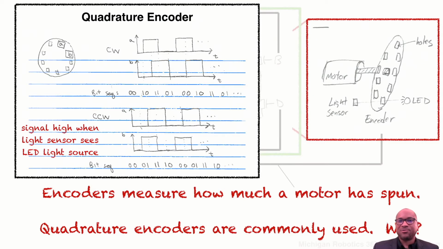That lets you count up the number of transitions from a light state to a dark state, and that creates these transitions that we see in the signal. The quadrature encoder counts the number of times you've transitioned, and that tells you how much you've spun. In this case, we're showing a quadrature encoder. I'll let you think about why we use a quadrature encoder.